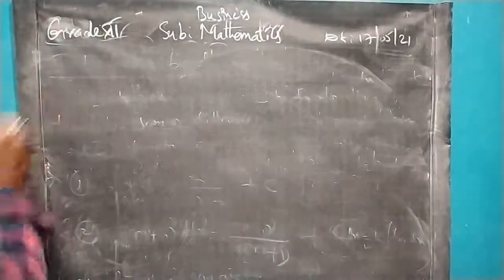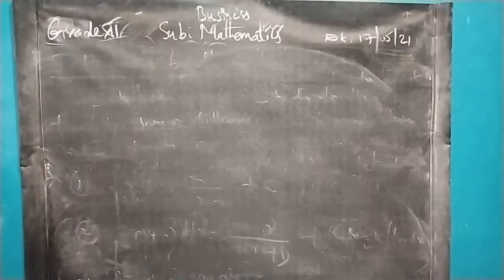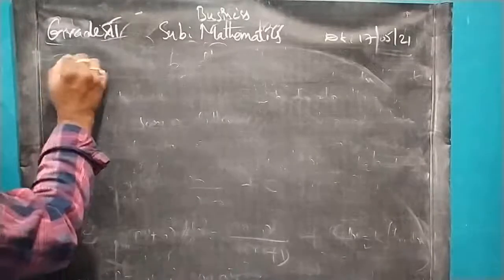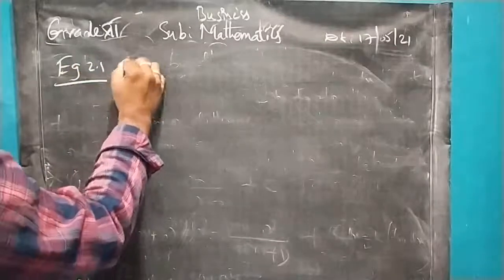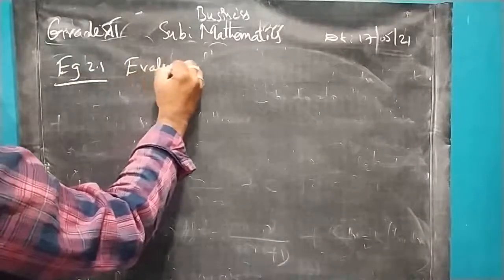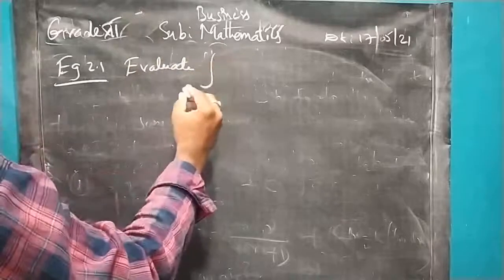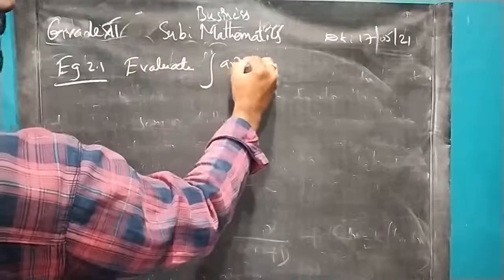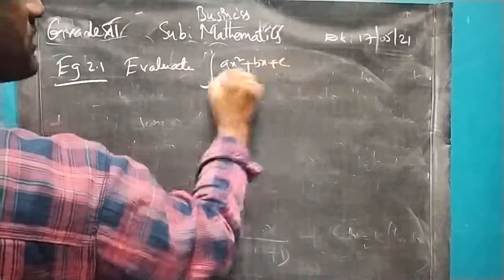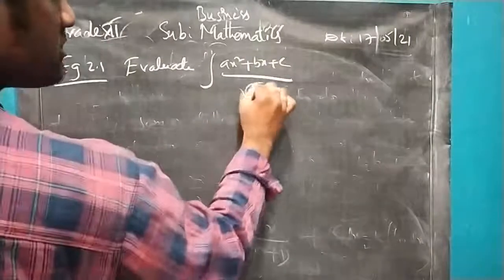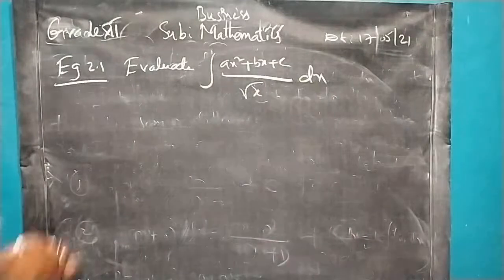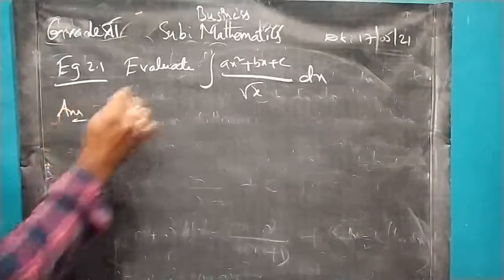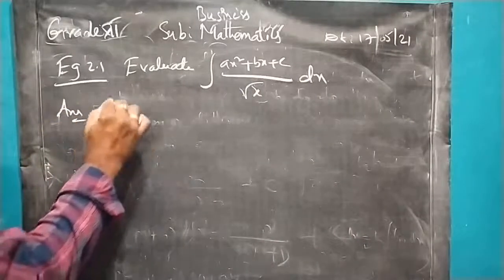So the first example, example 2.1. Evaluate integral ax square plus bx plus c by root x dx. This is the given question. We need to find the integration. Look here.